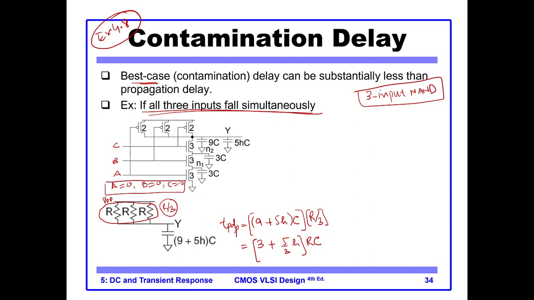Okay, so this is our entire propagation delay for the fall. I can write it here. So it is 3 plus 5 divided by 3 H into RC.